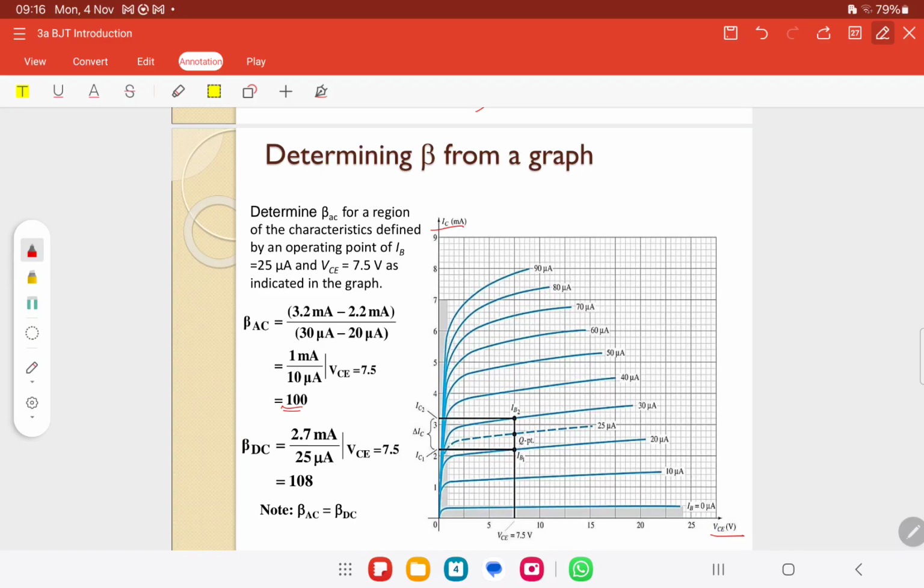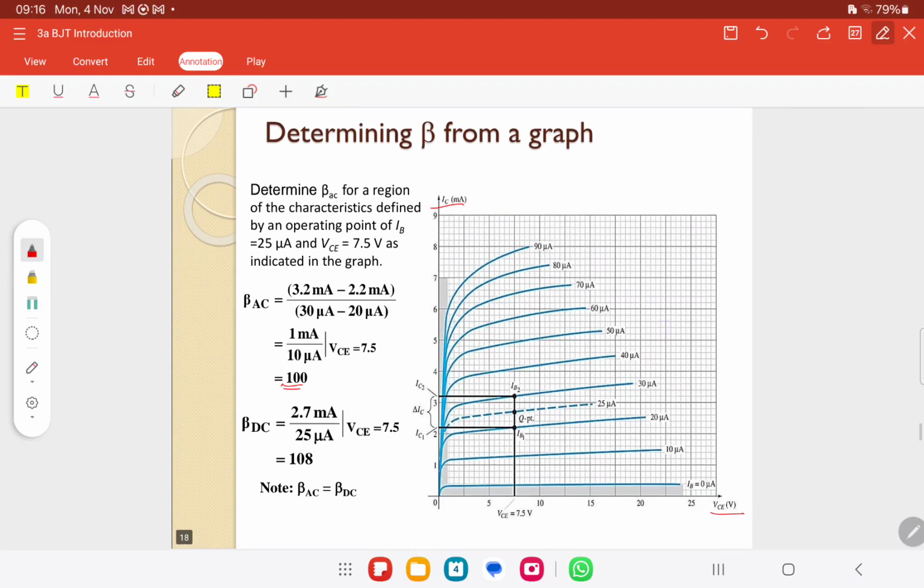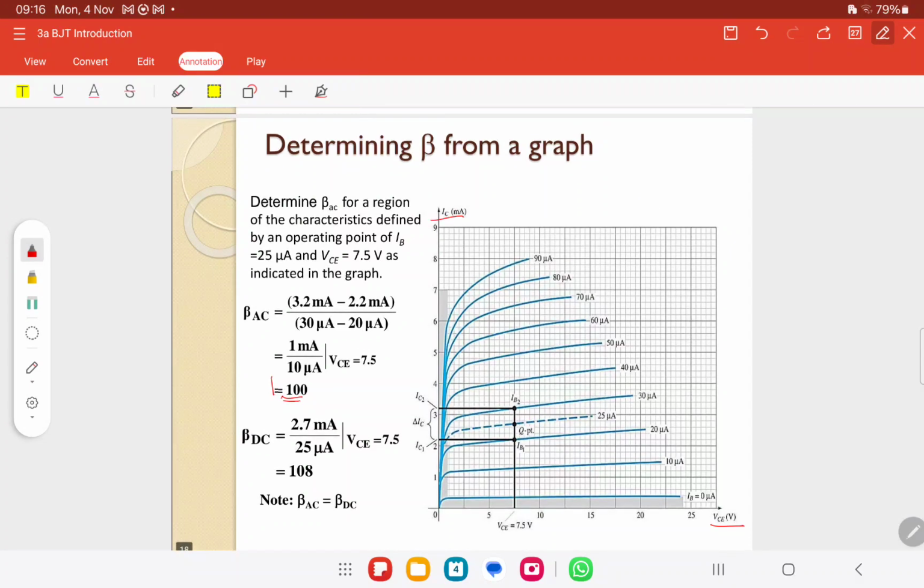IV curve ni, kita can get on the beta value because beta is equals to, this is IC over IB. Okay. Sebenarnya dia datang daripada from the 2 point 3.2 dengan 2.2 minus over 30 micro over 20 micro.